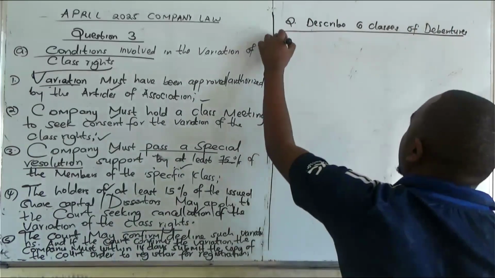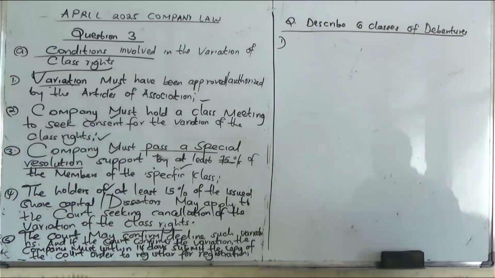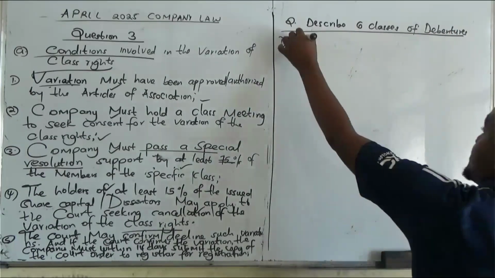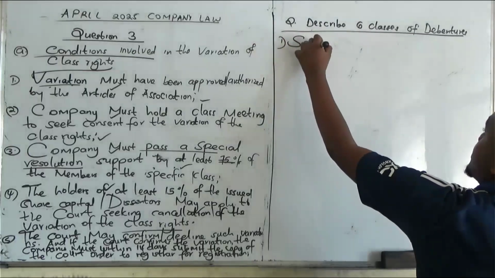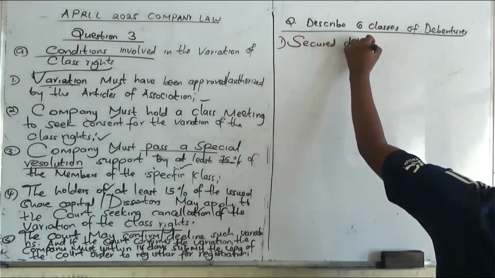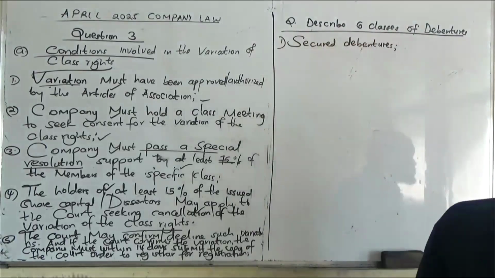What did we say is the meaning of debentures? A written acknowledgement that a company owes some debt, and it provides the provisions for payment of the principal sum and the interest. The first one, we have secured debentures.